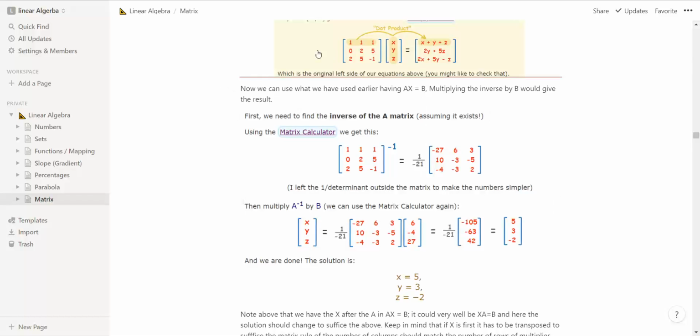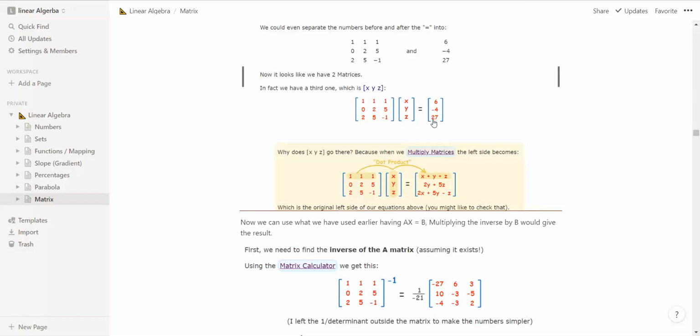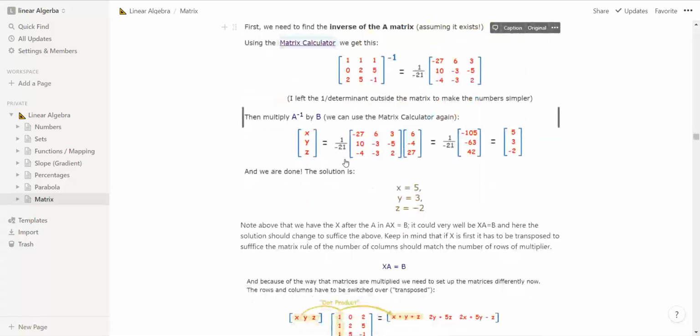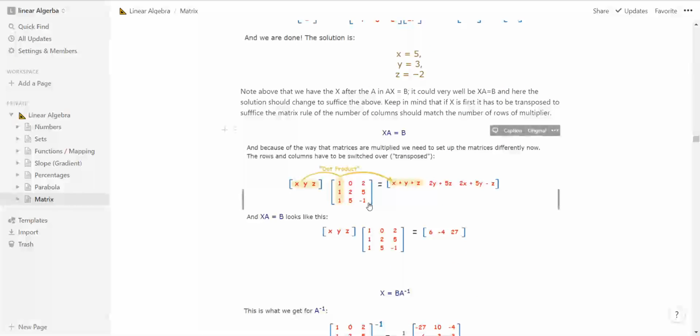The inverse is on the left hand side, multiplied by this side: 6, minus 4, 2, 7. Just this one, and this is what you would get.